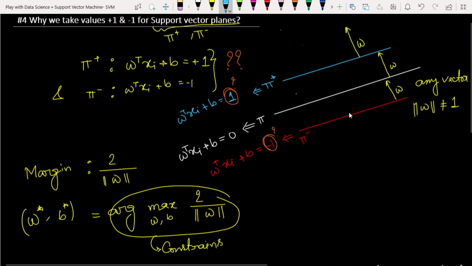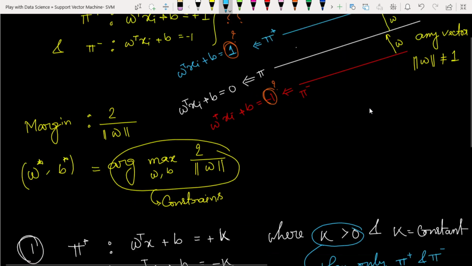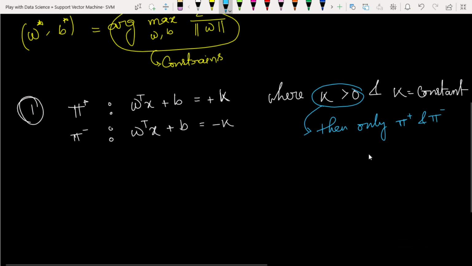If k is greater than 0, then they will be away from our plane pi.